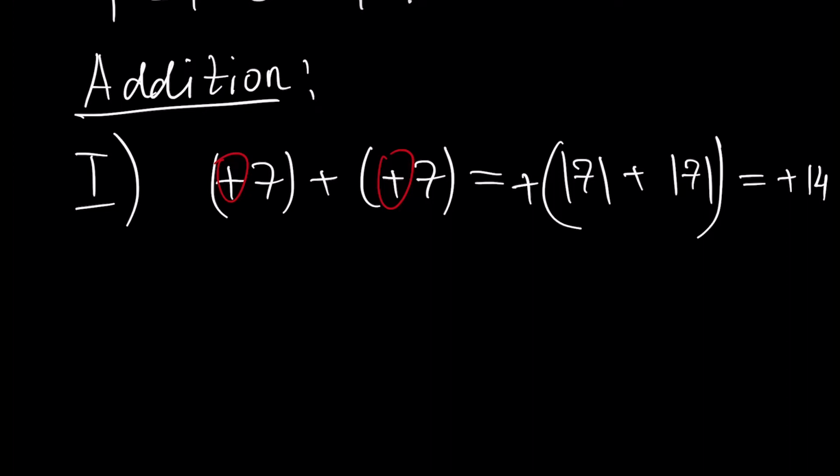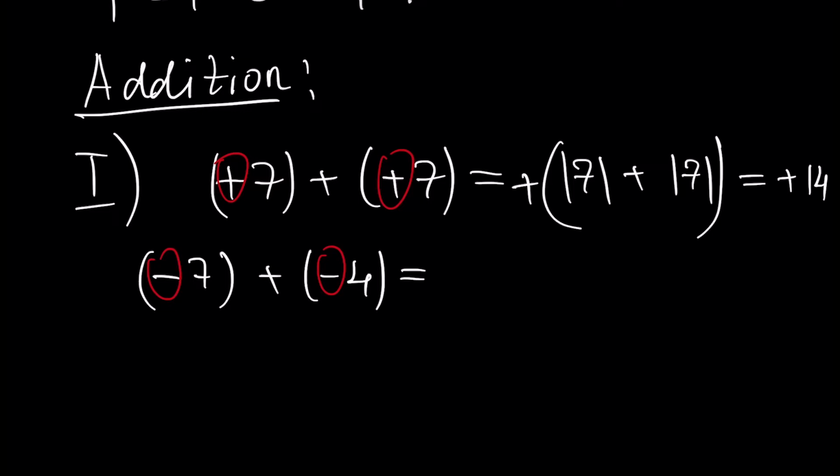If we have, for example, minus 7 plus minus 4, in this case signs are the same. Again, the rule is we have to combine absolute values. So this is the absolute value of minus 7 plus the absolute value of minus 4, and we assign the common sign, which is minus.